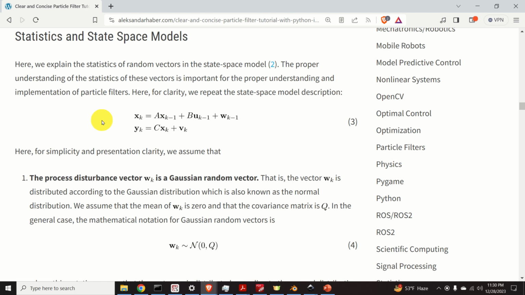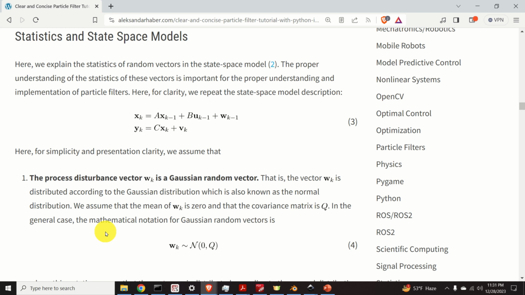And of course, everything explained in this video tutorial can be generalized to more broad statistical descriptions. First of all, we assume that the process disturbance vector wk is a Gaussian random vector. That is, the vector wk is distributed according to the Gaussian distribution, which is also known as the normal distribution in statistics. We assume that the mean of wk is 0 and that the covariance matrix is equal to q.